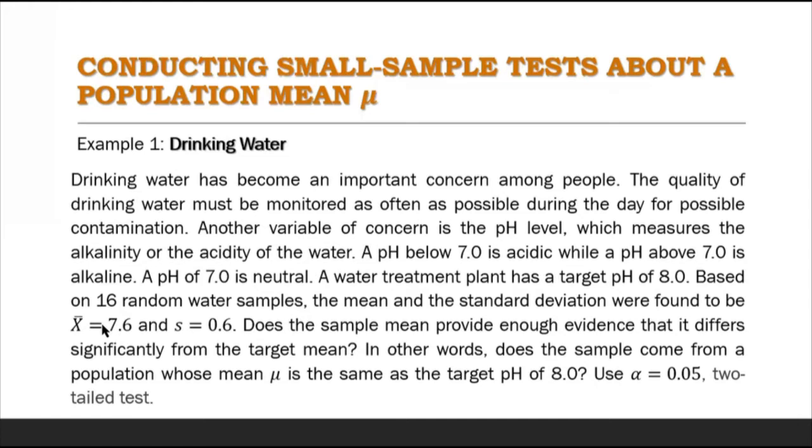Does the sample mean provide enough evidence that it differs significantly from the target mean? In other words, does the sample come from a population whose mean mu is the same as the target pH of 8.0? Use the significance level alpha of 0.05 with a two-tailed test.